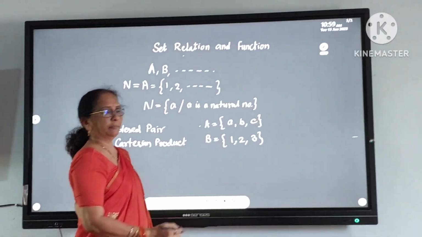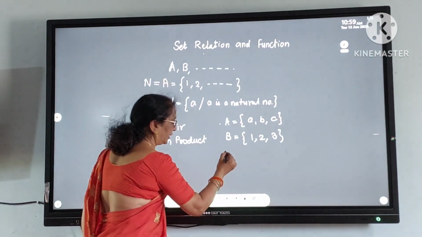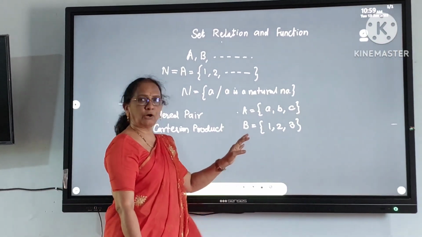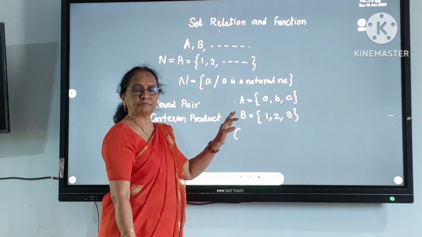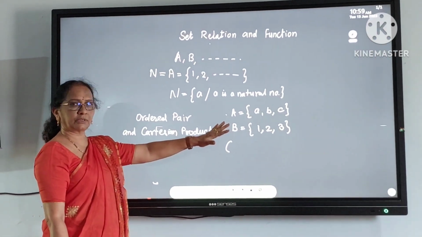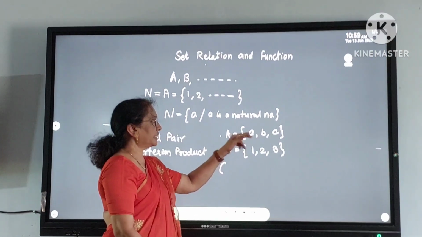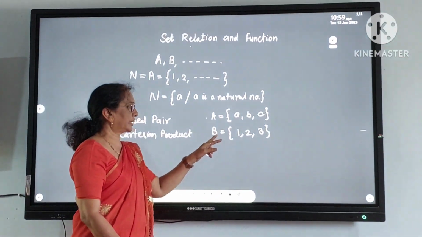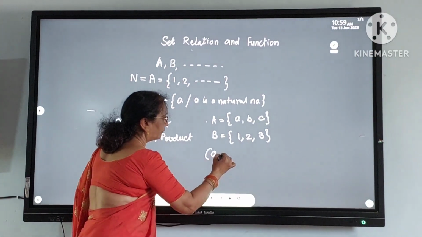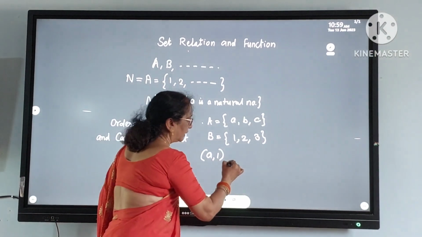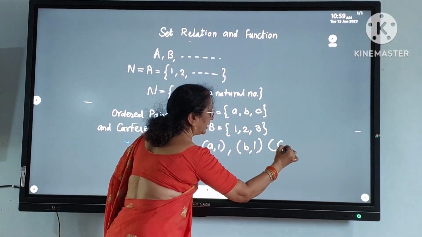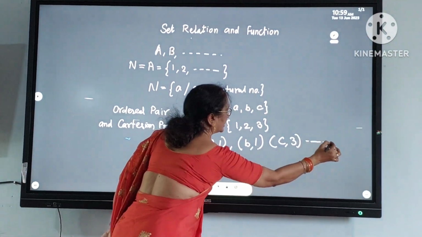An ordered pair is a pair of two elements in which the first element is from set A and the second element is from set B. That is (a,1), (b,1), (c,3) and like that.